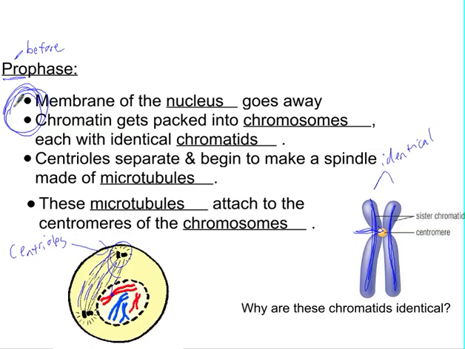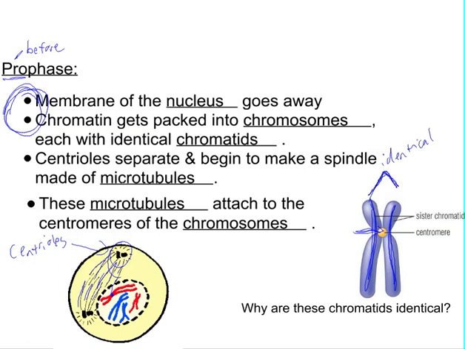Go ahead and think about it for a second, and then I will let you share with a partner. Why are these chromatids here identical? What purpose do you think they would serve to be identical, for the future of mitosis?